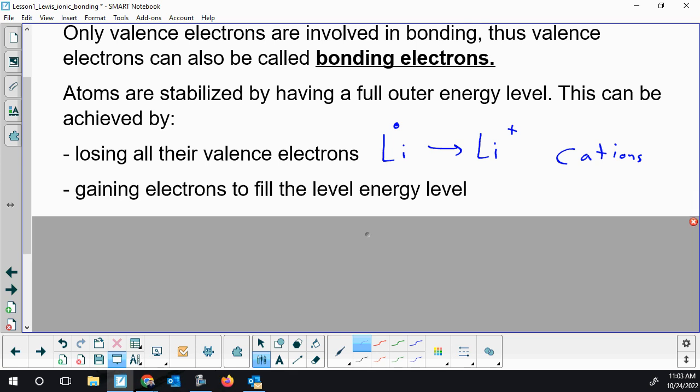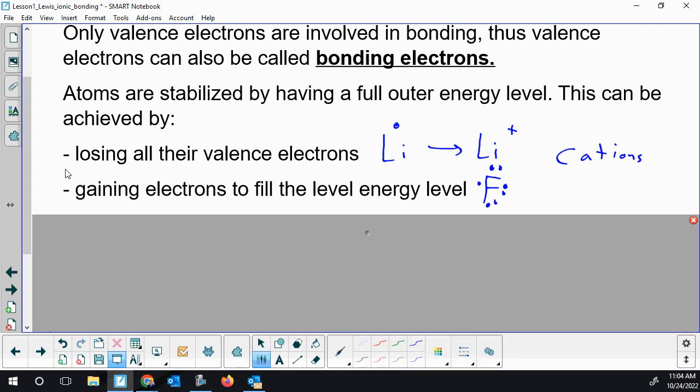So losing all their electrons would make cations, positive ions. Some other elements will do the opposite. Maybe they're only short 1 to have a full outer energy level, and they could gain that missing electron. So fluorine is in group 7, or 7A, with 7 valence: 1, 2, 3, 4, 5, 6, 7.